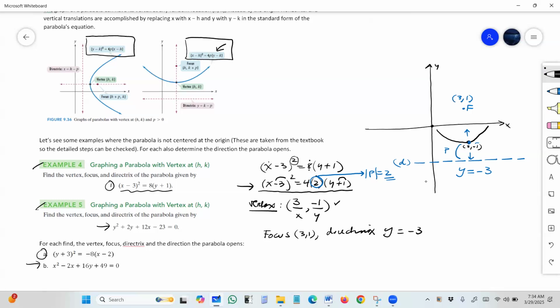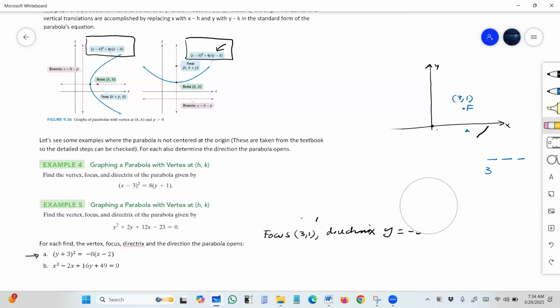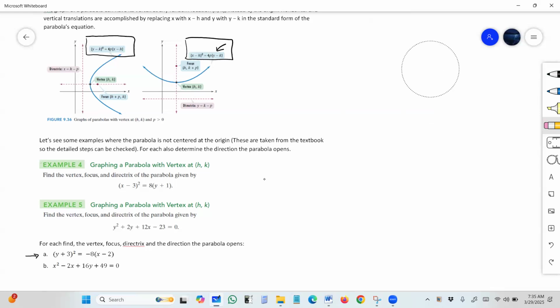Now let's take a look at the other one that is similar to this one down here. This one right here, right? Very, very similar, in fact, identical, except that the parabola is going to open a different way. So (y + 3) squared equals -8(x - 2).